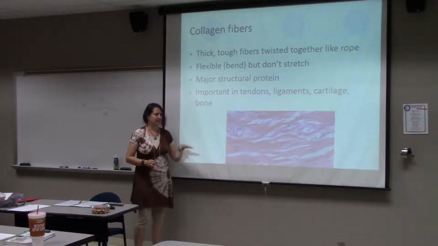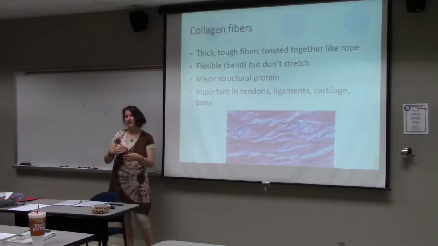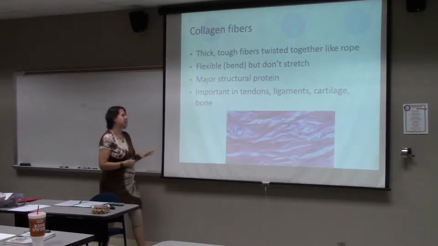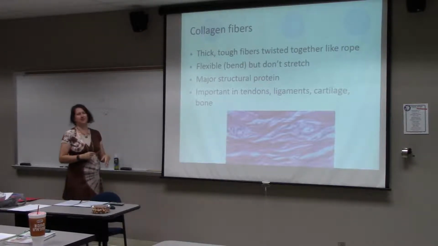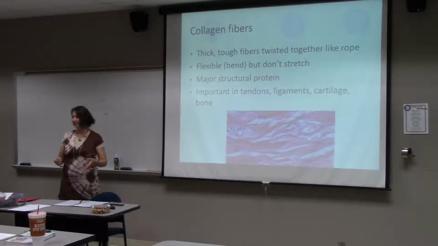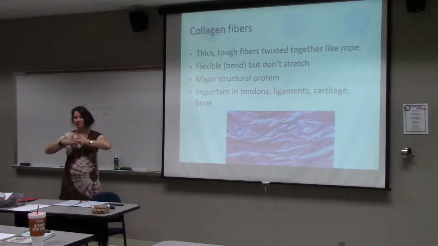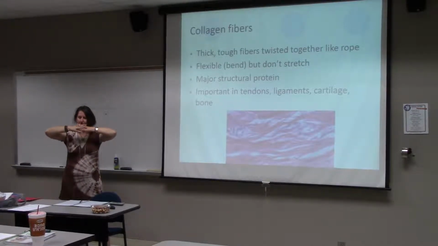Collagen fibers are flexible. You can bend them, but you can't stretch them. That's going to be important for structure in things like tendons and ligaments, where you're trying to hold two structures together, like bones or a muscle and a bone, and you don't want them to be able to stretch apart.